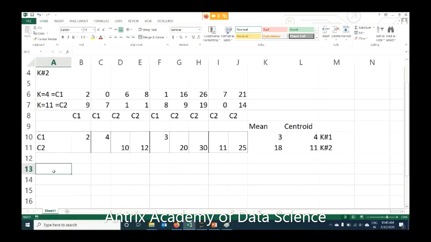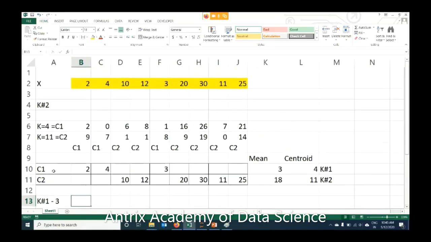Now let's go for the next. This time we have K1 as 3 and K2 as 18. Then subsequently we'll be making two clusters, C1 and C2, similarly to what we did earlier.